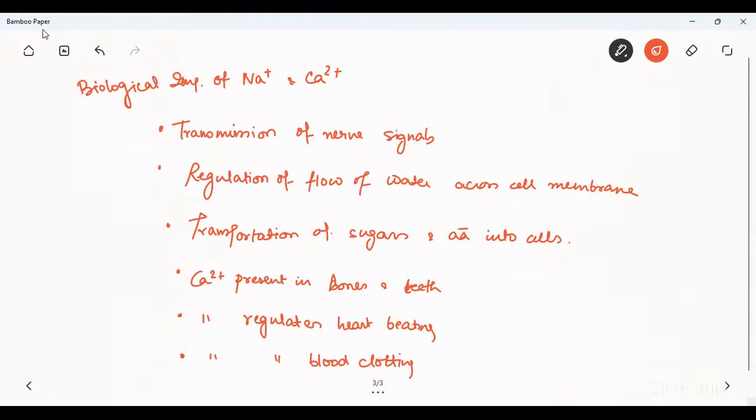Okay, next question was, what is ZSM? ZSM is ZSM5. ZSM5 is a zeolite, and it is used to convert alcohols into gasoline. So, alcohols to gasoline.